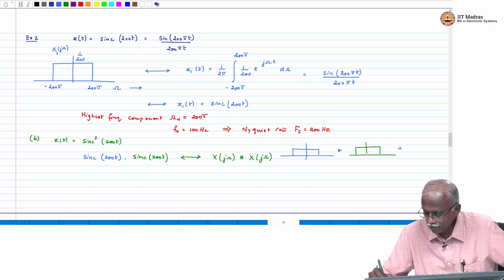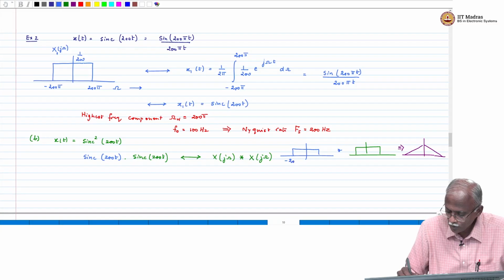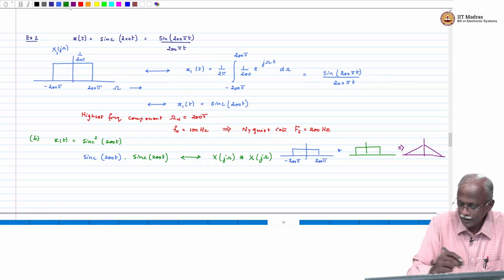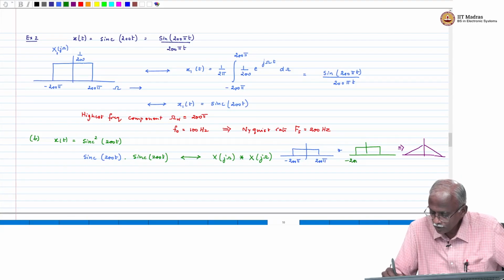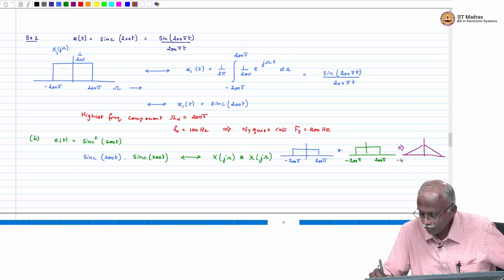Rectangular convolved with rectangular will give me a triangular function. The second rectangular function is minus 200 pi to 200 pi, and the triangular function will be from minus 400 pi to 400 pi.